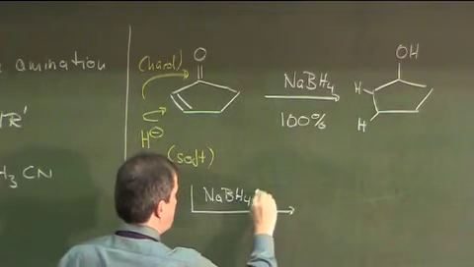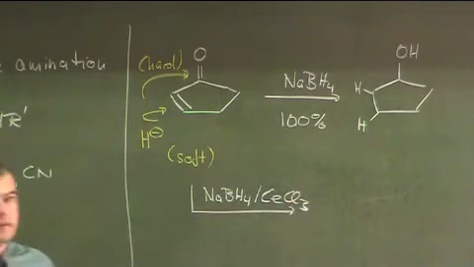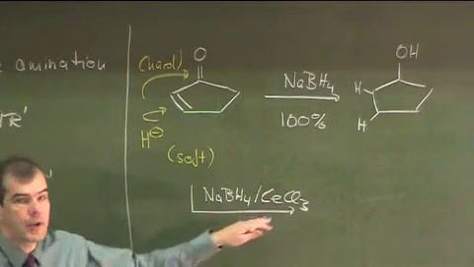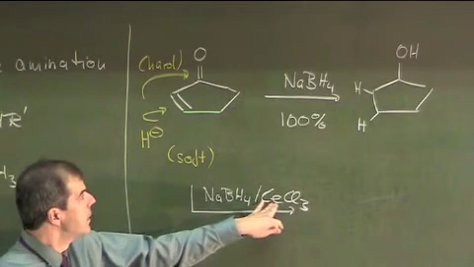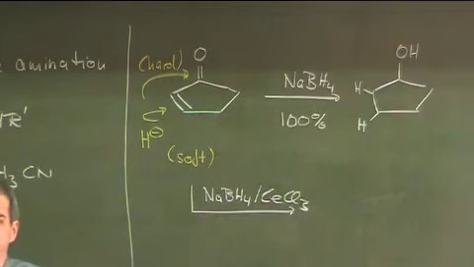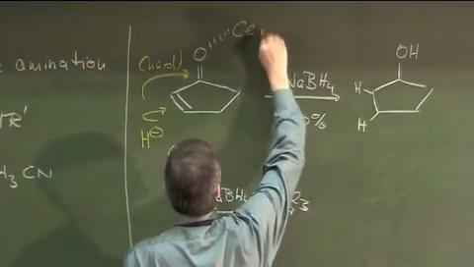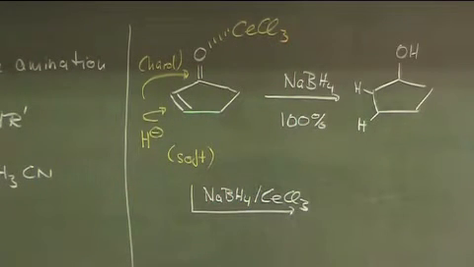it has been discovered that if you add cerium trichloride, cerium is a rare earth metal, however, it's not so rare as the name might make you think. Cerium has extremely high oxophilicity, like all rare earth metals have. And so this is coordinating to the oxygen and tremendously activating it.